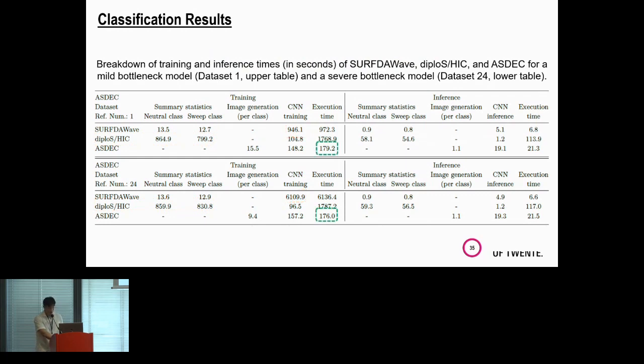For the training process, SDAC achieves less execution time compared with SWIF(r) and DeepSweep. It is like 10 times faster than other tools for training. And for inference, SDAC still spends less time on image generation. However, compared with the other two methods, SDAC spent more time on CNN inference.